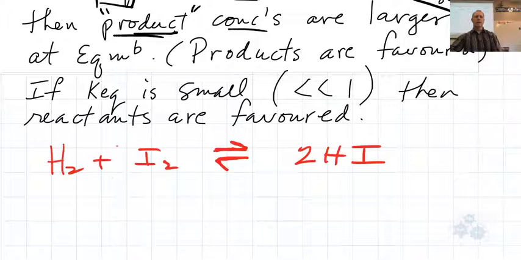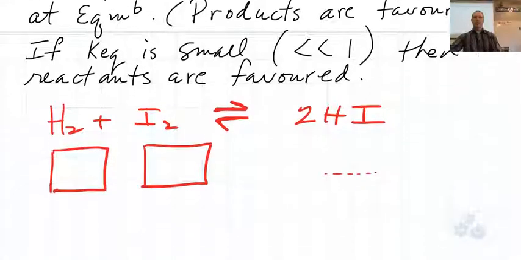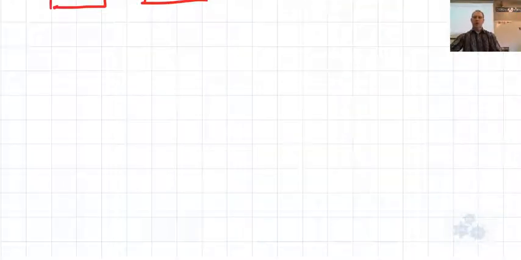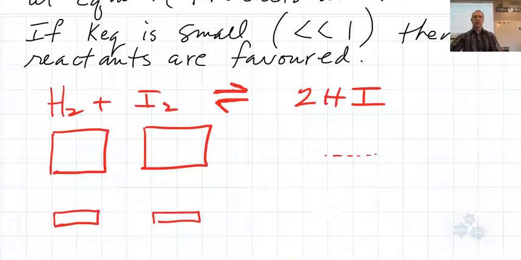So if you think about this, if we start off with a whole bunch of H2 and I2, and really we start off with no HI at the beginning, what happens is as this reaction occurs, the amount of H2 and I2 decrease, and the amount of HI starts to increase.